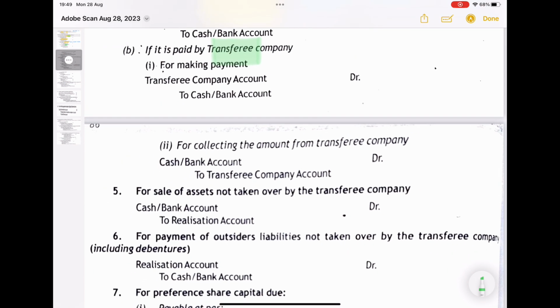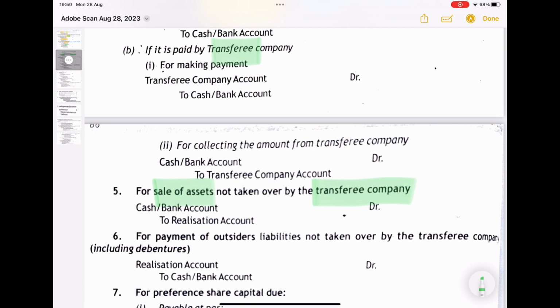So fifth entry, for sale of assets not taken over by the transferee company. Sometimes all the assets will not be taken by the company. Just for example, the transferee company may exclude the debtors, may exclude furniture. They won't purchase those assets. They will purchase plant and machinery, land and building. They will obviously occupy those assets.